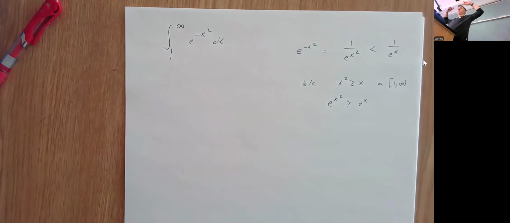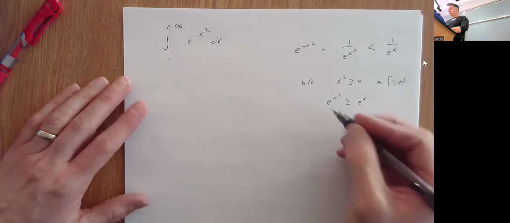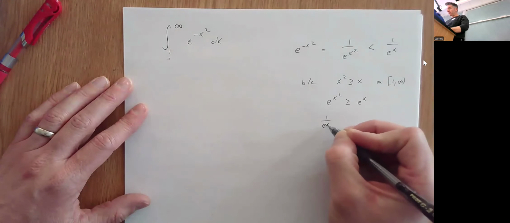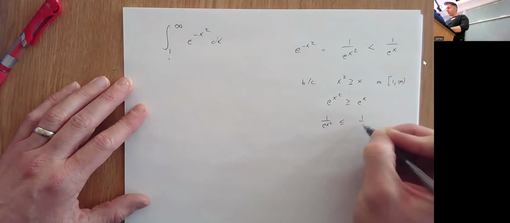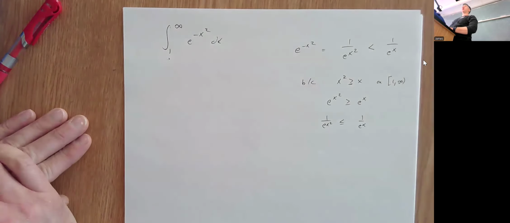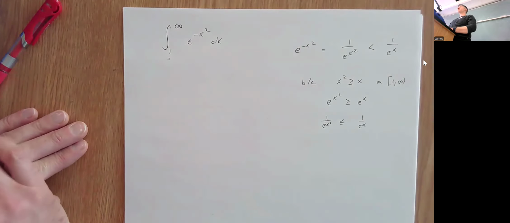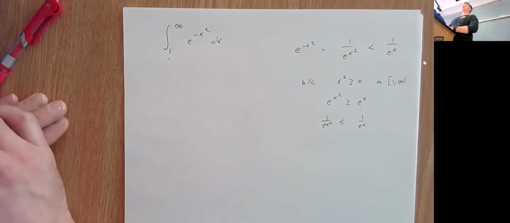And then when you take the reciprocal of both sides of an inequality, it changes the direction of the inequality. 2 is smaller than 3. 1/2 is bigger than 1/3. If you don't like that, just do cross division instead of cross multiplication.